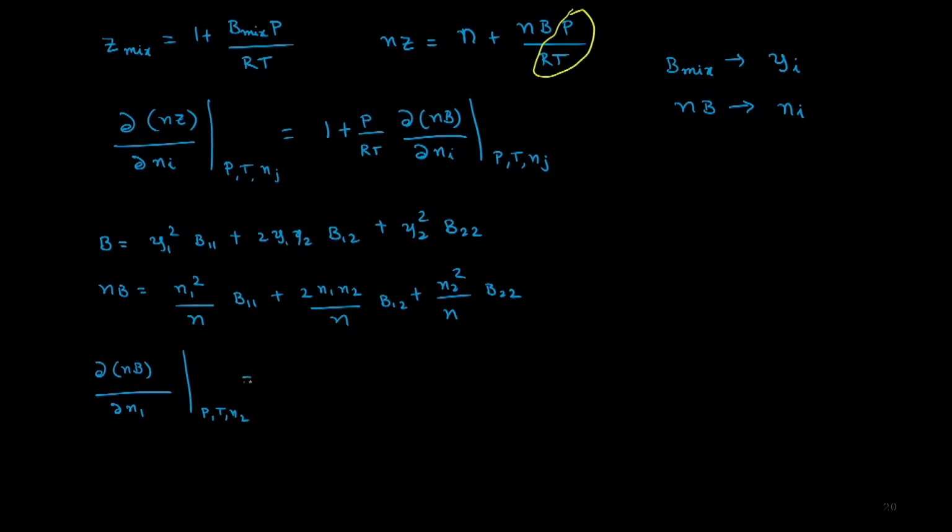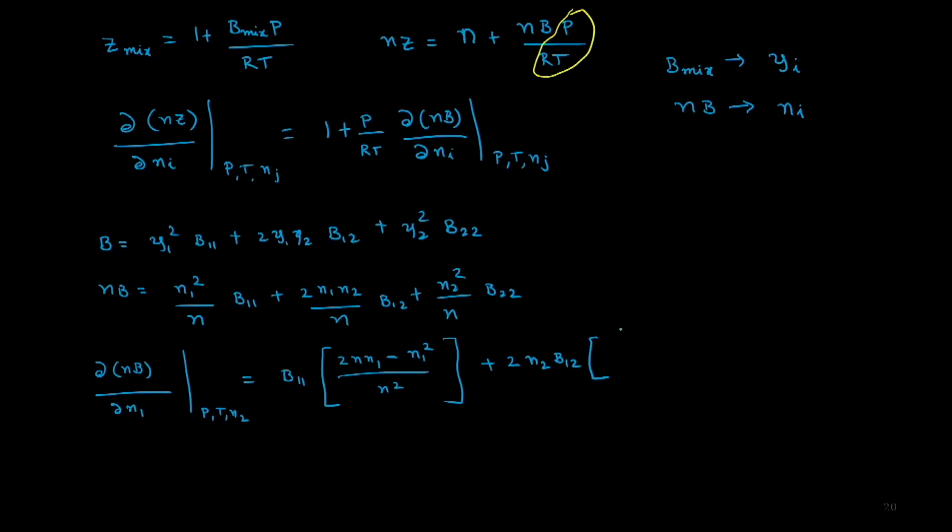This value will be, I am holding n2 constant, so this value will be b11 times 2n n1 minus, derivative of n with respect to n1 is 1, so it is n1 squared over n squared, plus 2 times, n2 is constant, b12 is constant. What I have left inside to take the derivative is n1 over n.